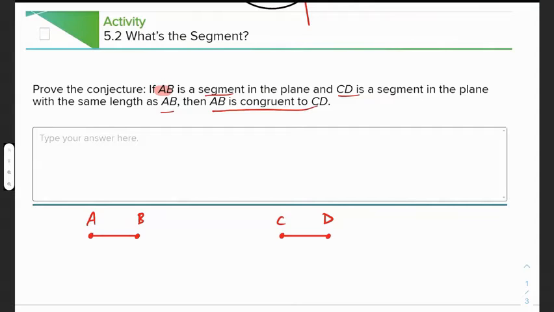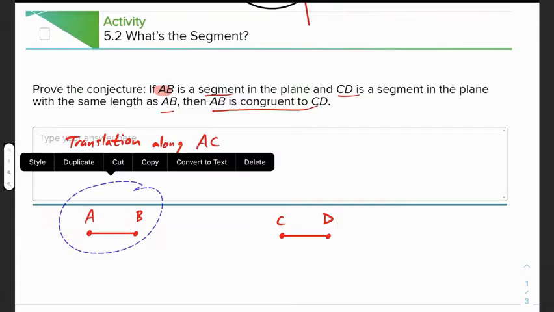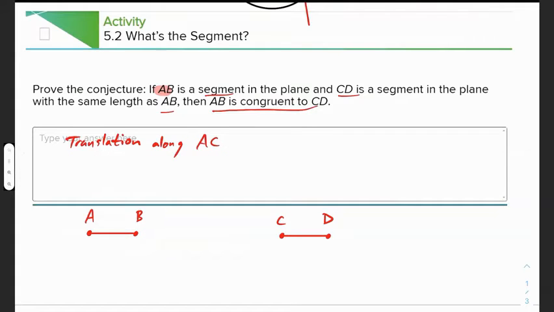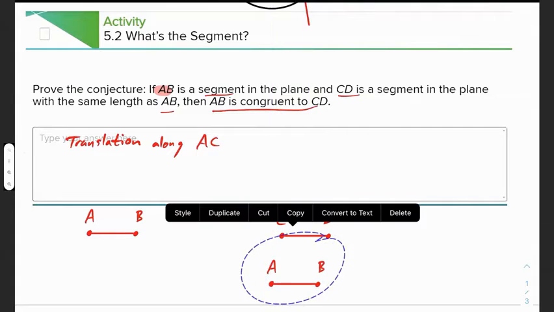If we did a translation along A to C, notice how A maps onto C, and B maps onto D. So a translation will do that.